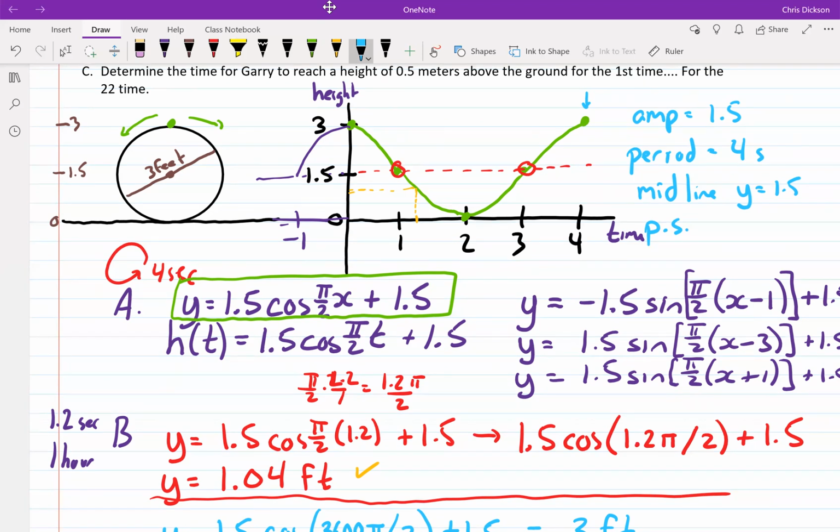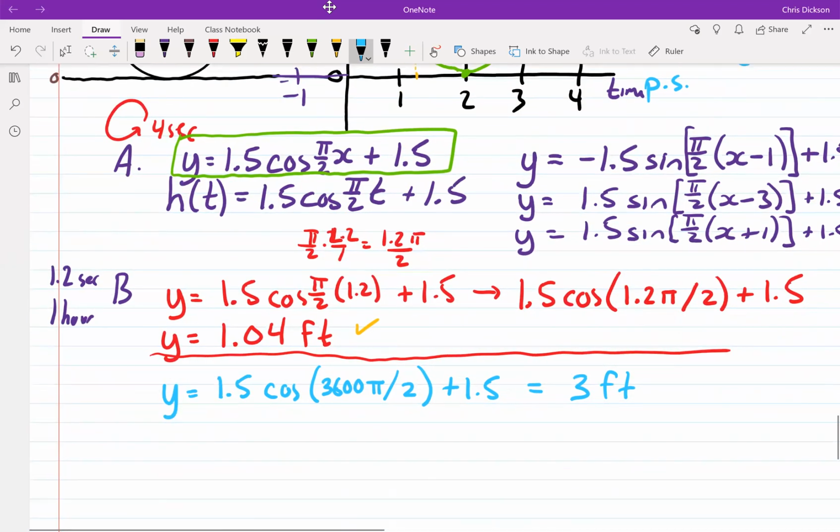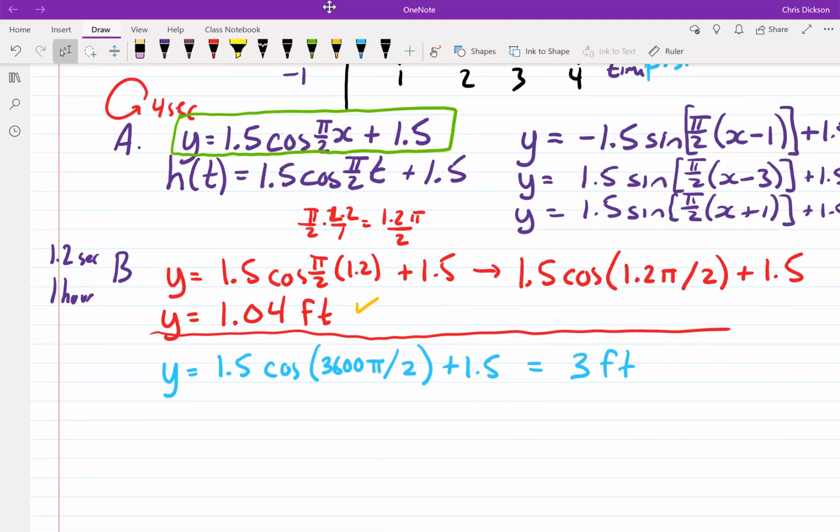That'd be 1 minute. And if you wanted to go for an hour, you would times that by 60. So really, it would be 900 periods away, but it would be at the same height as 4 seconds would be, or even as 0 seconds would be. So you could just use the symmetry of the graph to do that.